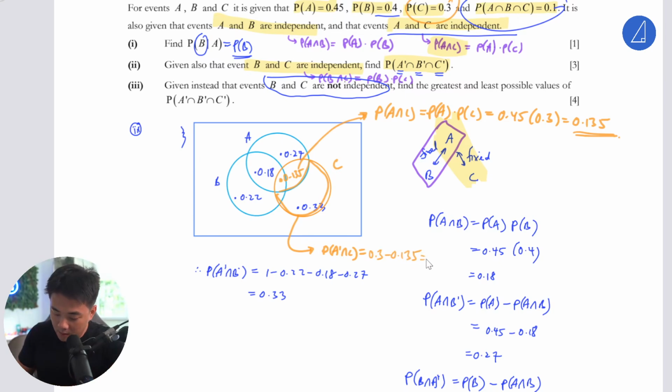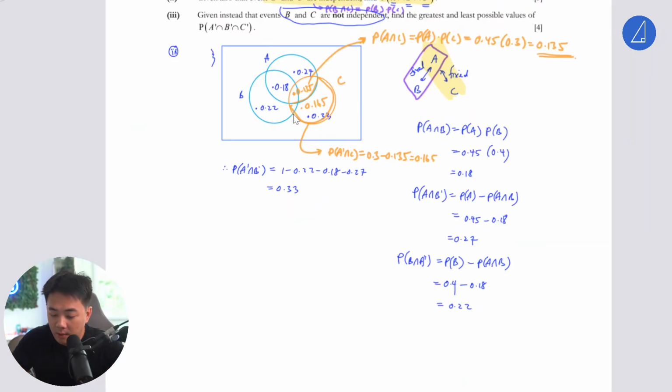It'll be 0.165. Okay, there you go. So generally when you see this is 16.5%, right? So this 16.5% actually will swing in and out of the diagram. So like that, and like that, okay?